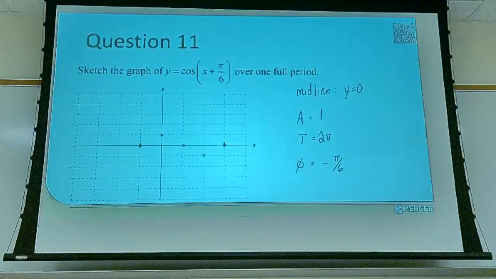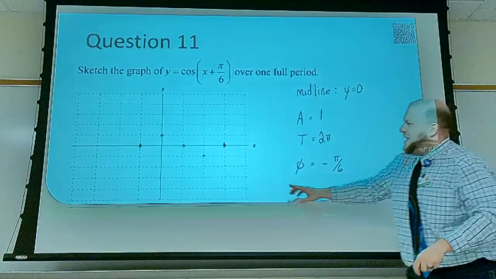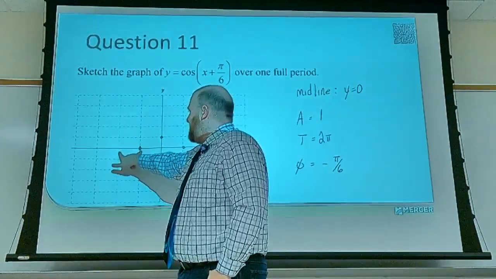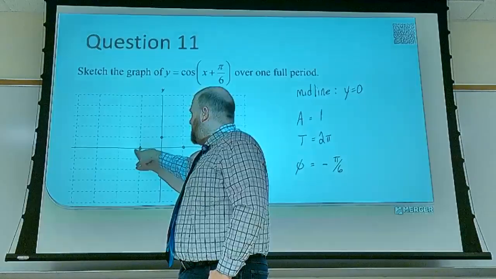Now let's deal with the phase shift. We're moving to the left by pi over 6. It is not quite halfway. It's not going to be halfway between here. It's going to be closer to the original point.